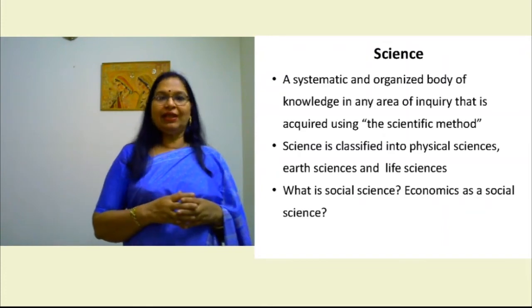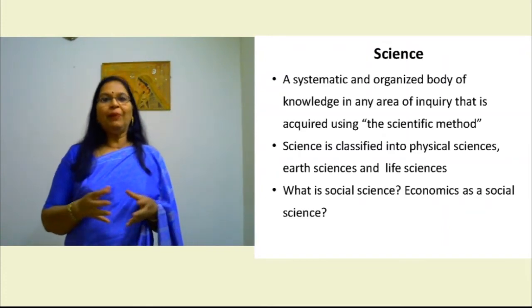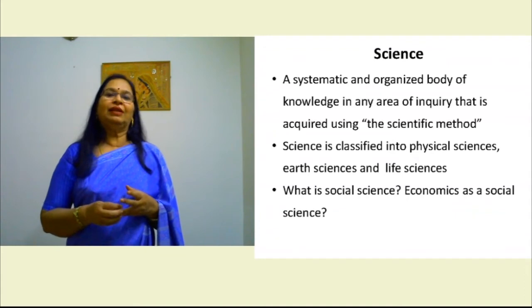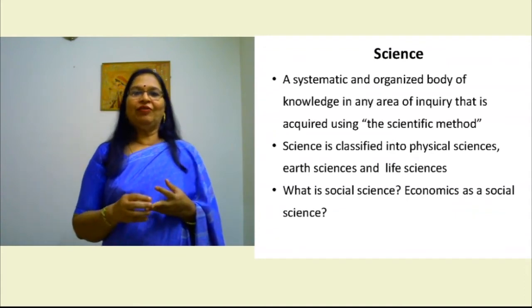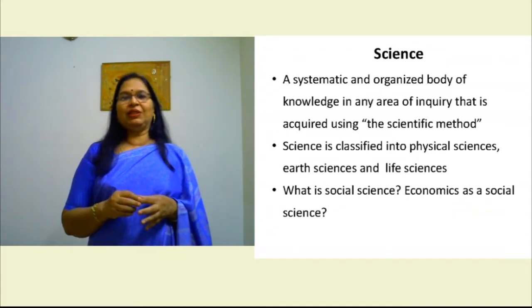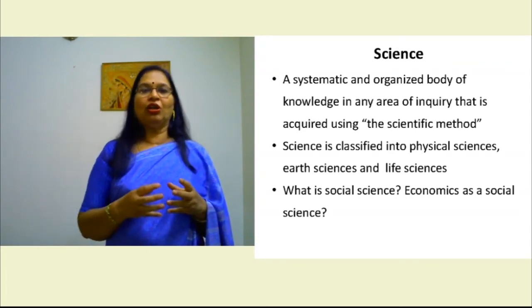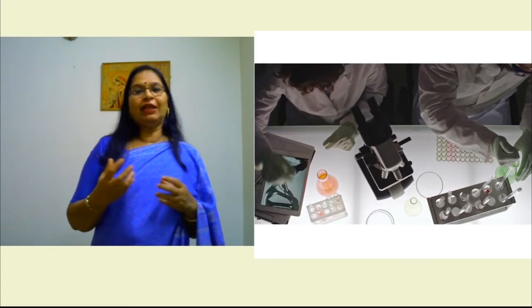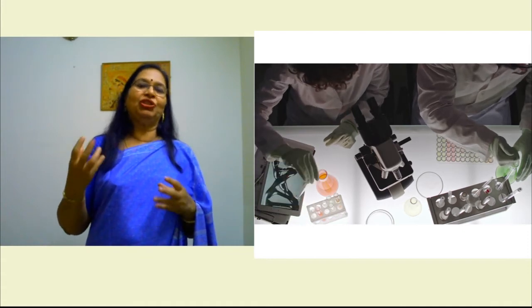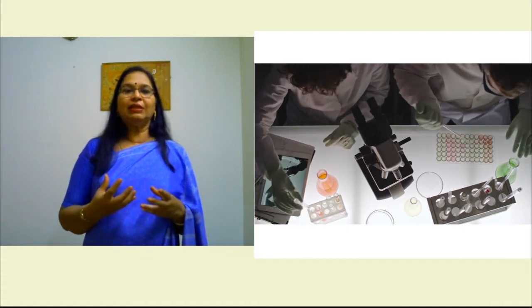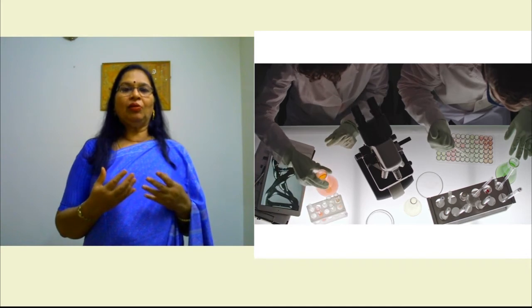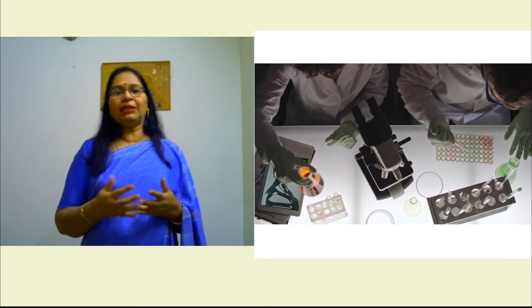And science itself is classified into three, mainly known as the natural sciences, physical sciences, and social sciences. So when we use the word physical sciences, we talk about physics and chemistry and mathematics and geology. So these are sciences of one kind, very precise sciences.